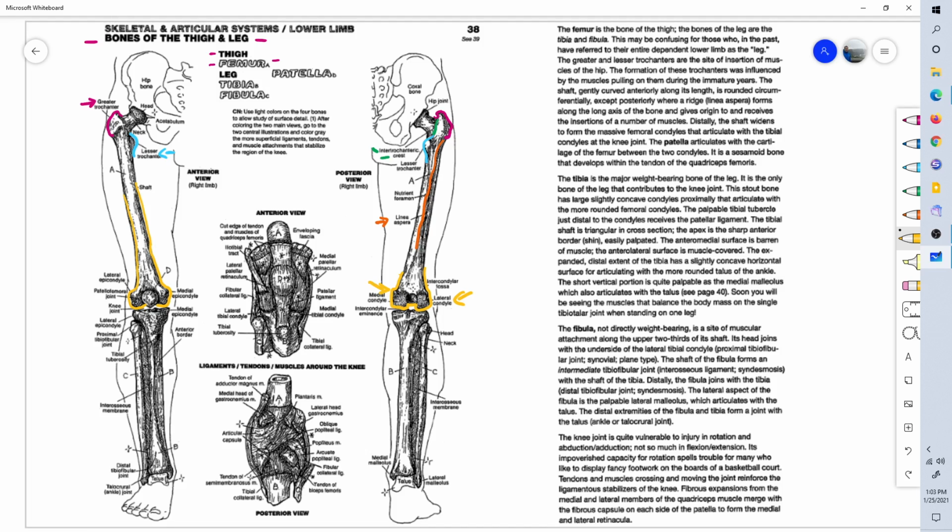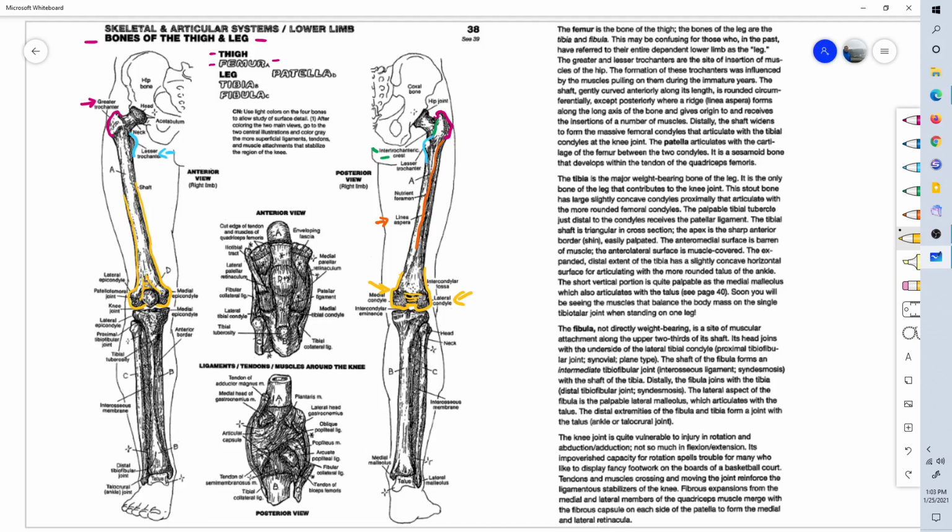And in between the femoral condyles, the medial and the lateral, you see a groove here. And in this groove is contained over here, oh, excuse me, that's the posterior. But on the anterior side, there is a groove right here.